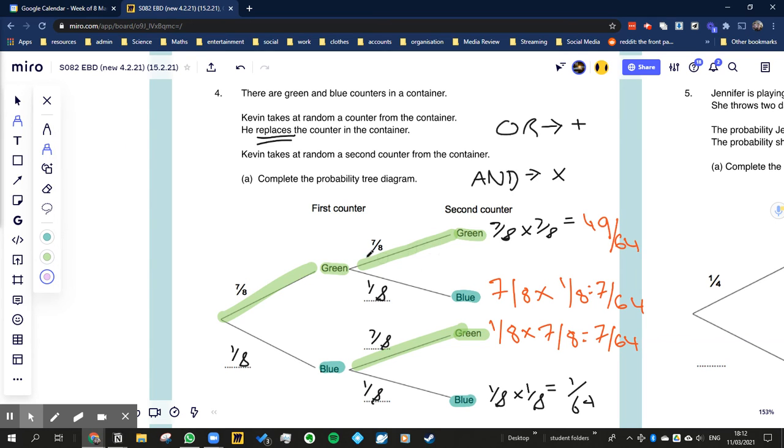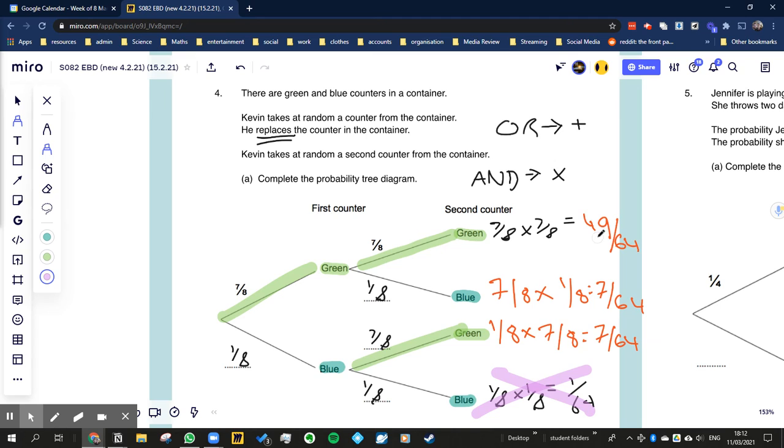I said at least 1 green. Well, green, green, that one's fine. Green, blue, that one's at least 1 green. Blue, green, that one's at least 1 green. The only one that doesn't is this one here, which does not fit my criteria. So it's going to be this or this or this.